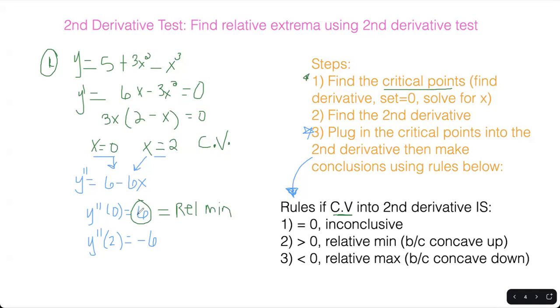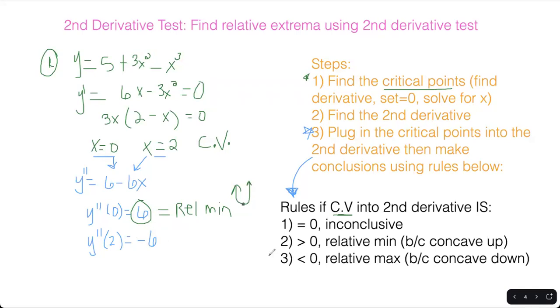Well, what this means is that the 6 means that this is concave up. Remember, when you plug numbers into the second derivative, it tells the concavity. So if the concavity is concave up, that means the function looks like this at that point, which gives you a relative minimum in the big scheme of the function. So it's the opposite of what you think it is.